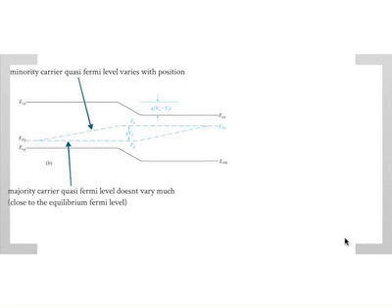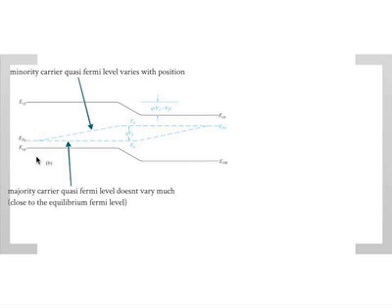Now, let's look a bit more closely at the spatial variation, which is basically reiterating what I approximately talked about here. So the minority carrier quasi-Fermi level varies with position. Like I said, it's a straight line, as we just talked about. The majority carrier quasi-Fermi level doesn't vary much. The reason for this, I want you to understand intuitively, is that on this side, the majority carriers, there's a lot of them, right?